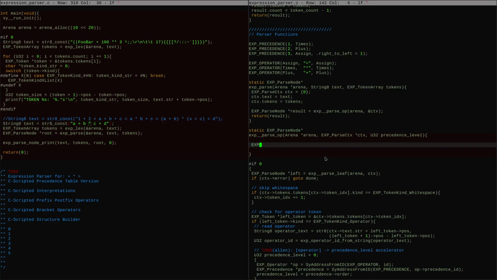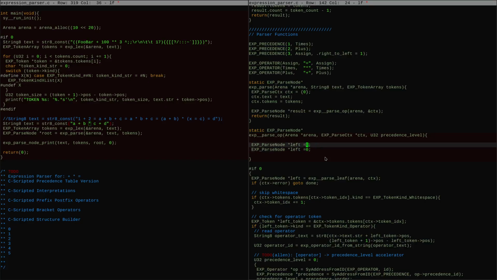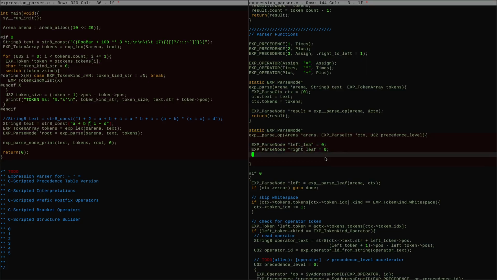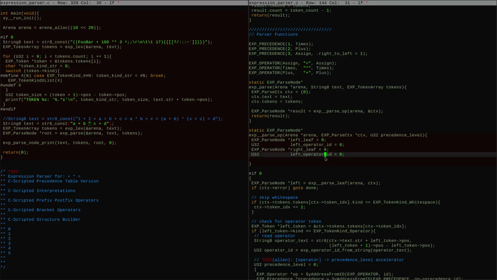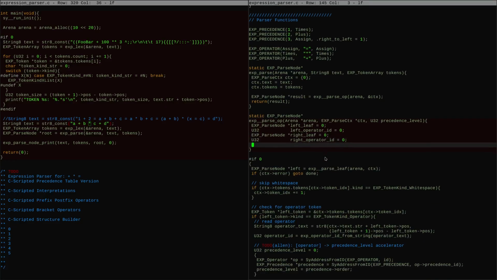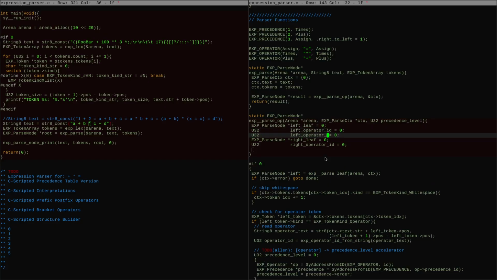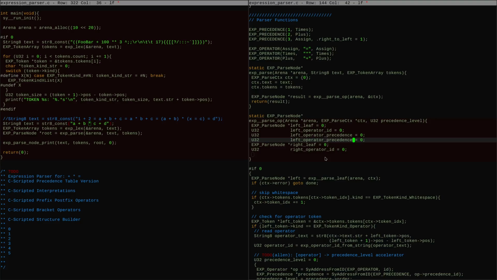I'm gonna need information for a left and right leaf in these types, a left operator ID, and a right operator ID, and a left operator precedence, and a right operator precedence. I think this is about what I need.